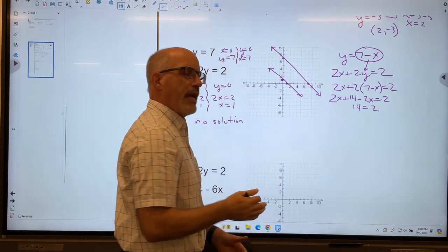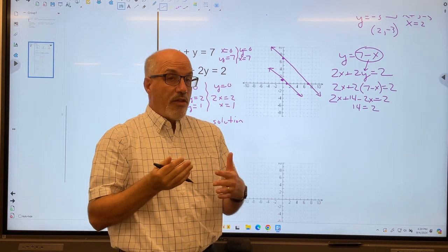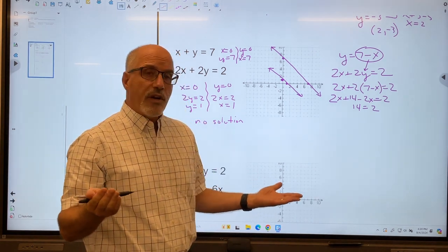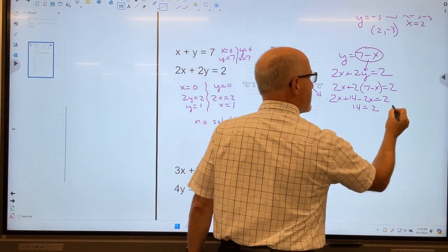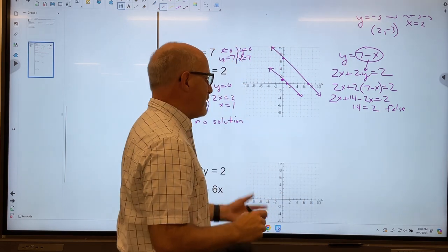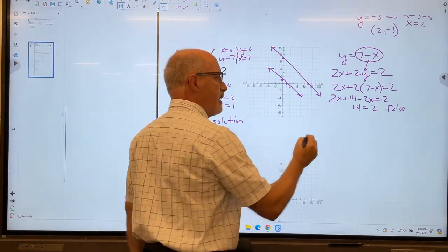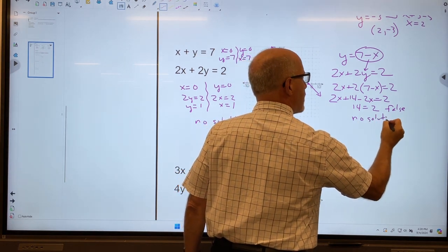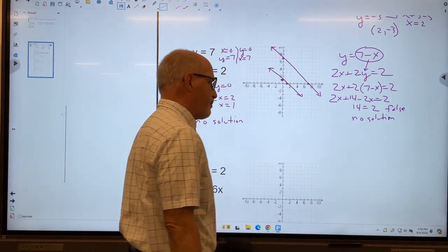So notice, as we talked about, there are no variables left when I solve this equation. No variables in a false statement, that is not a true statement. That means there's going to be no solution. They are parallel lines. So that's what it will look like when you get that answer.